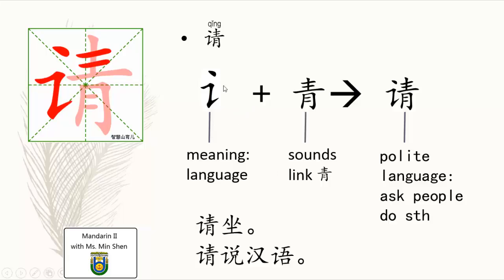So it's language, and when we mention it, it sounds like the qing color. So this is 请, the polite language we say when we want to ask people to do something. So 请和我一起念. Please read these characters together with me. 请和我一起念汉字. 请坐. Please sit down.